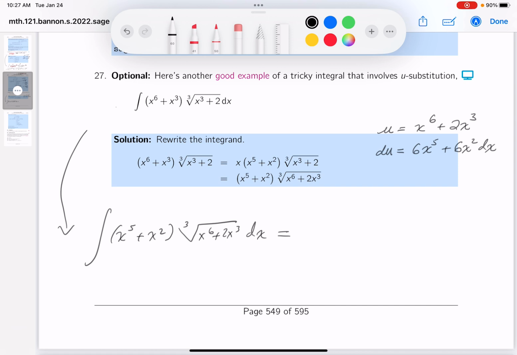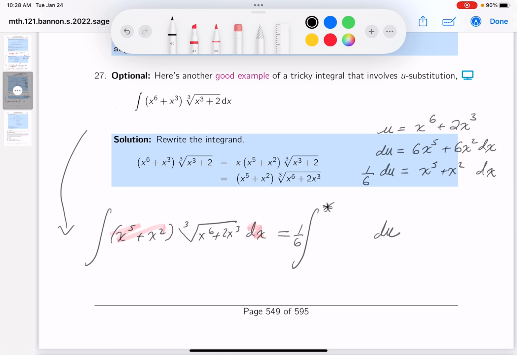I'm going to divide both sides by 6, and I get 1/6 of a du is equal to x^5 plus x squared dx. I'm seeing it. Let's write it down. Star, make my u substitution. I'm looking at this, and what's that equal to? 1/6 of a du. All right?